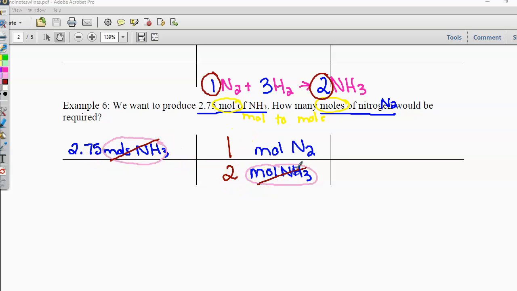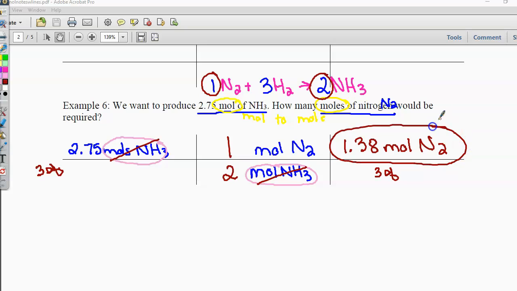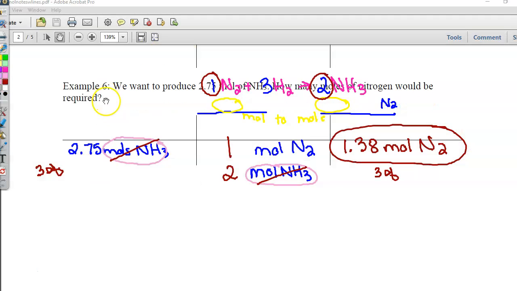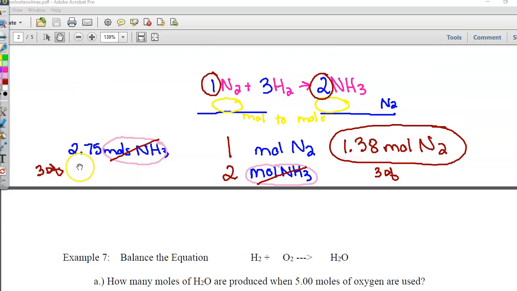Your moles of NH3 cancel, and you're left with 1.38 moles of N2. Since I have 3 sig figs in the beginning of the problem, I'm going to have 3 sig figs at the end of the problem. So this is my answer. Any questions on that one? Feel free to ask. There'll be plenty of time during class.